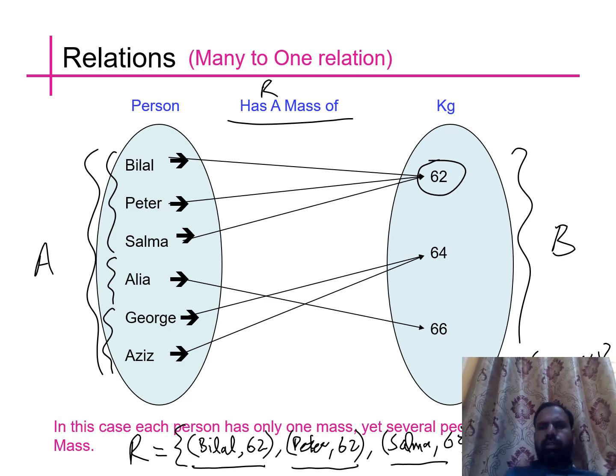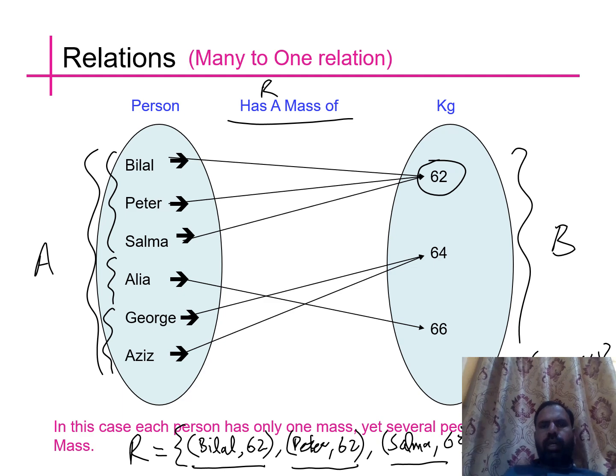This set is for kg. Bilal has a mass of 62 kg, many to one relation, and Peter also has a mass of 62. Salma also has a mass of 62 kg. So it shows that three people have the same mass.